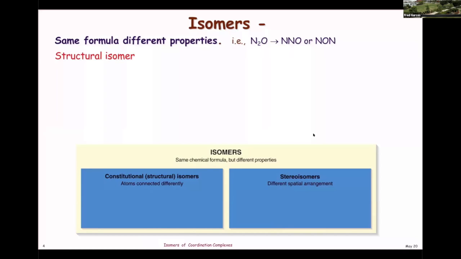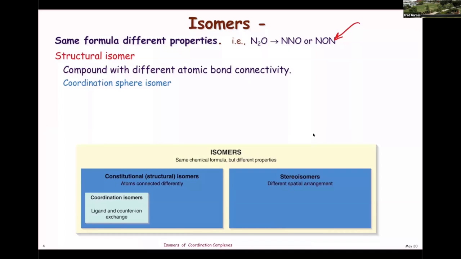Structural isomers, compounds with different atomic connection. This would be a structural isomer right there because they have different connection. Coordination sphere isomers. Remember what I told you about the coordination spheres? These are the atoms or the ligands that are directly bonded to the metal.